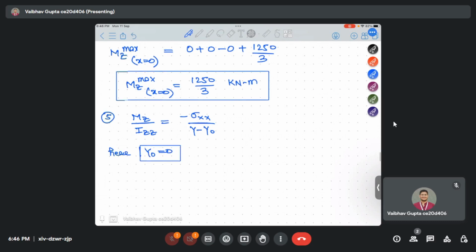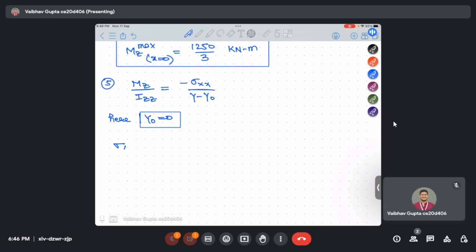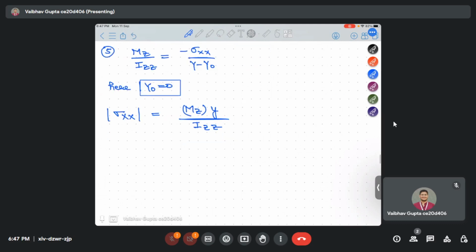So sigma xx, since magnitude has been asked, will be equal to Mz into y by Izz. This is there, but what we want is the maximum. So maximum sigma xx will be nothing but the maximum of this and maximum of y.